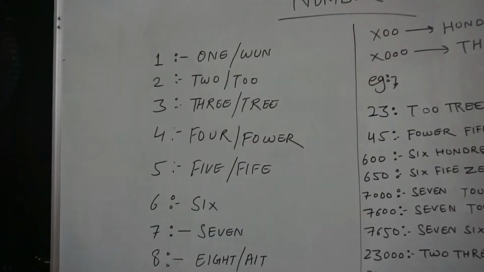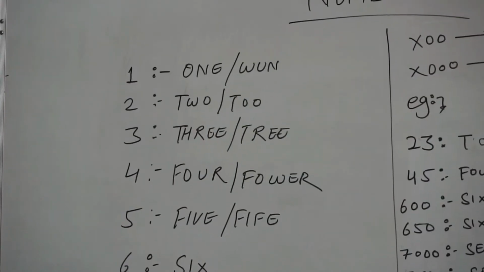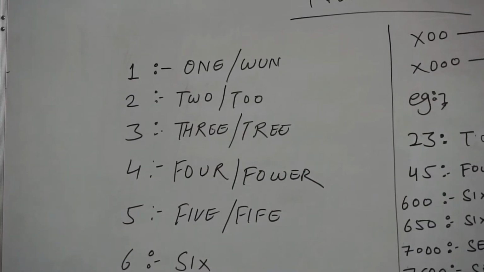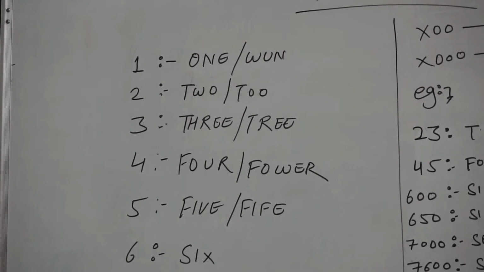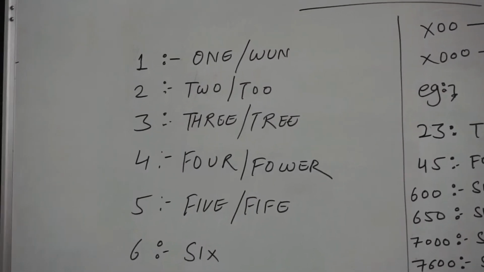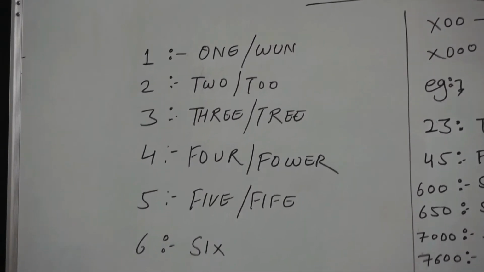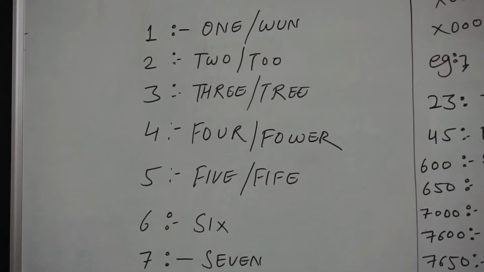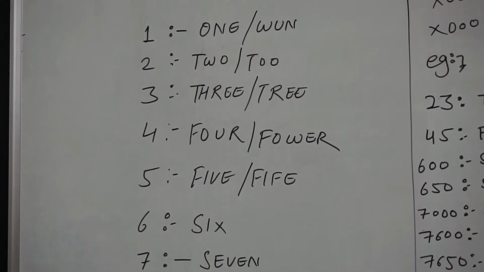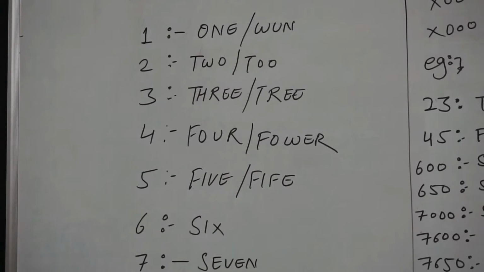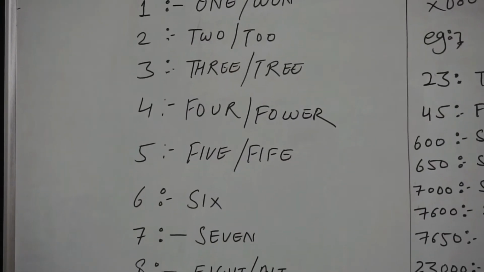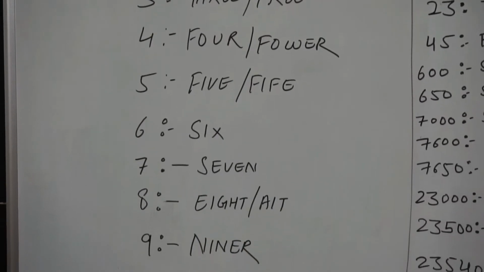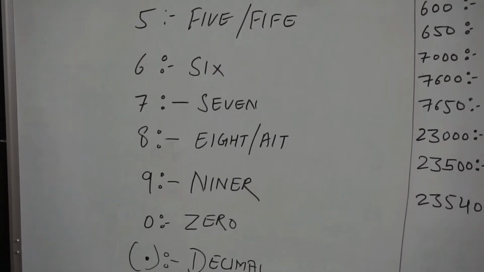1 is WUN, 2 is 2, 3 is TREE. For better pronunciation it is TREE. Then 4, 5, 6, 7, 8, 9, 0.